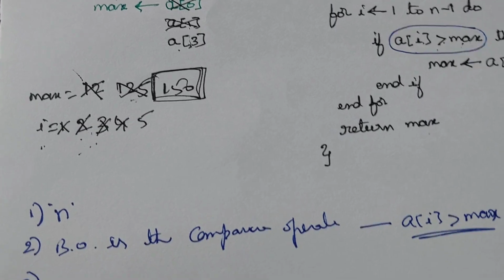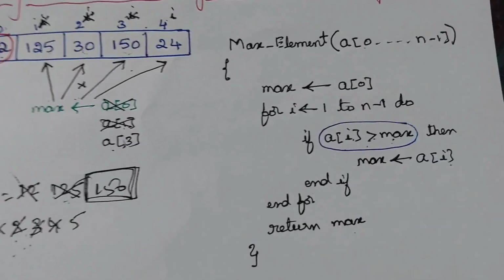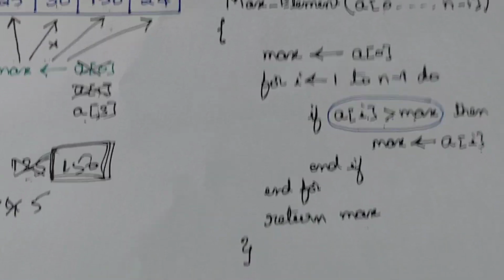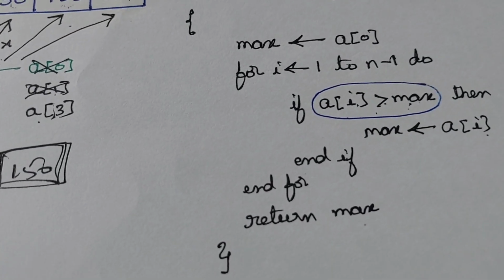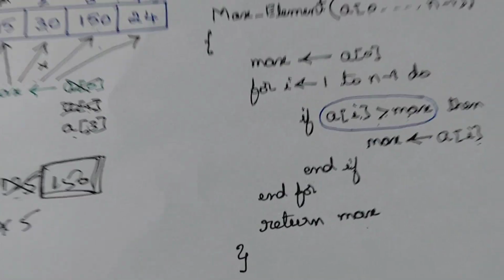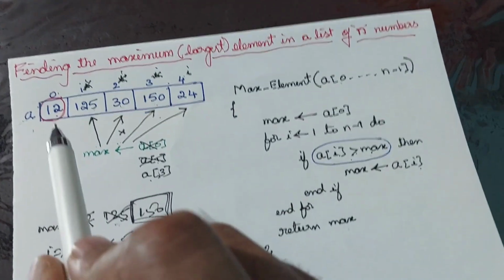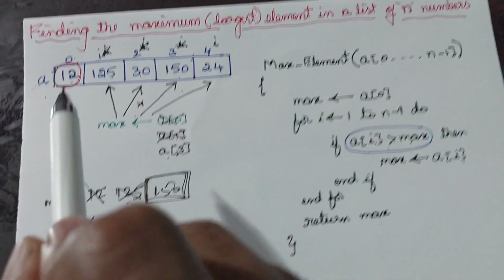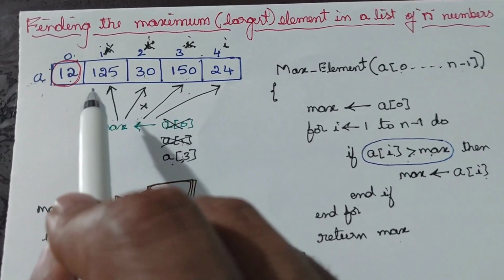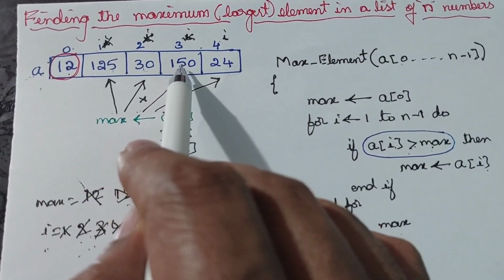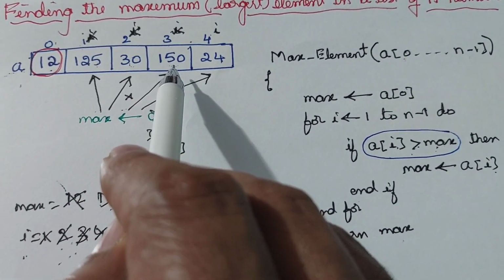Now the third step is what? We need to decide whether we need to find all 3 cases or only the average case. Here the number of times the basic operation executes depends only on the problem size. In this example the maximum element is 150.